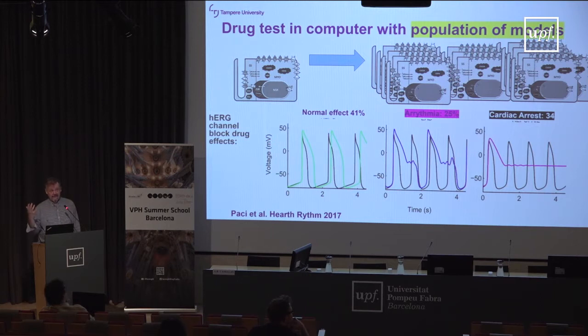But of course, now we can look at what are the properties of these guys here. Is there something we know about these that we can go back to the bench and test in vitro? Maybe even looking at the clinical data. We haven't done that kind of analysis yet.